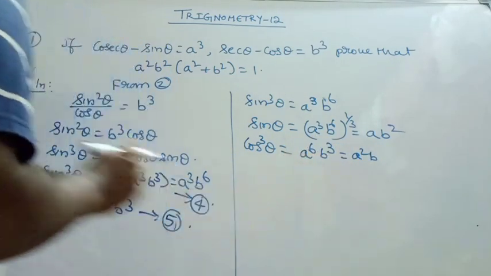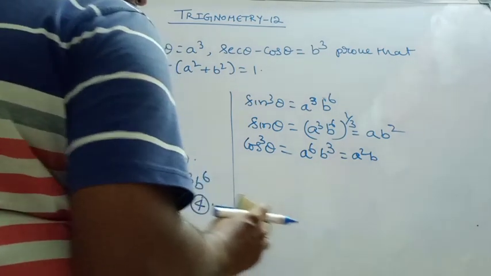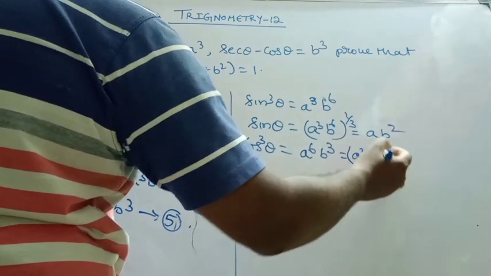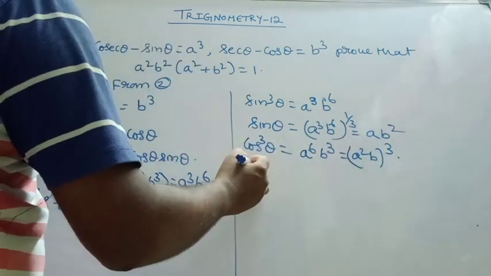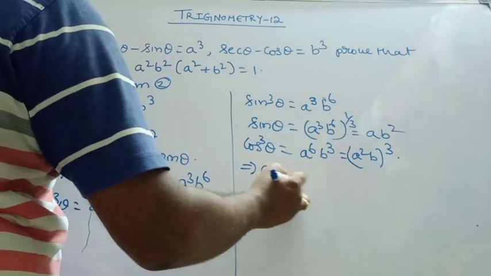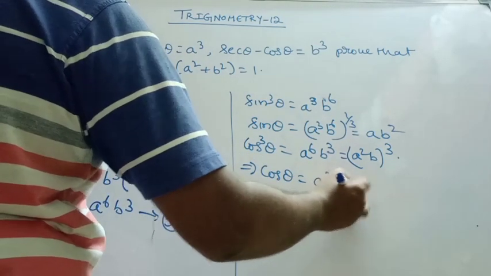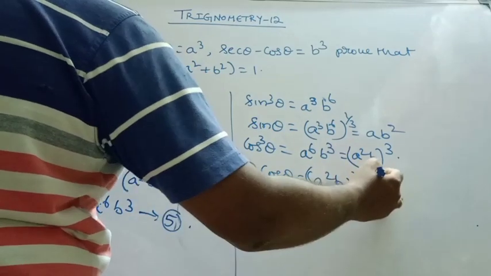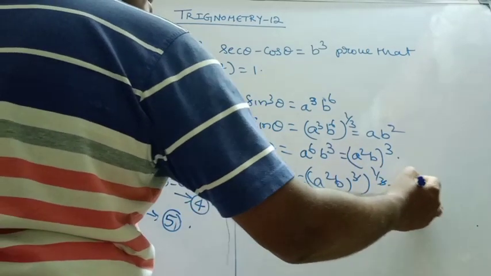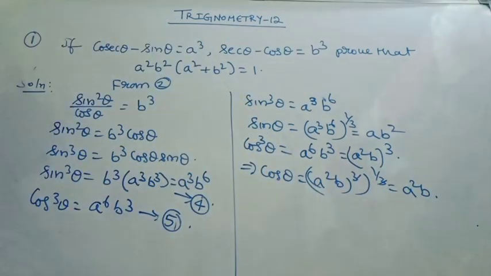From this, however, a square b, you can write this as whole cube. From that, what we can say is cos theta equal to a square b whole cube whole power 1 by 3. That is nothing but a square b. Now you got sin theta equal to a b square and cos theta equal to a square b.